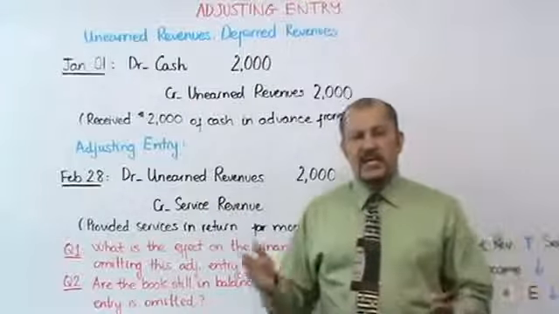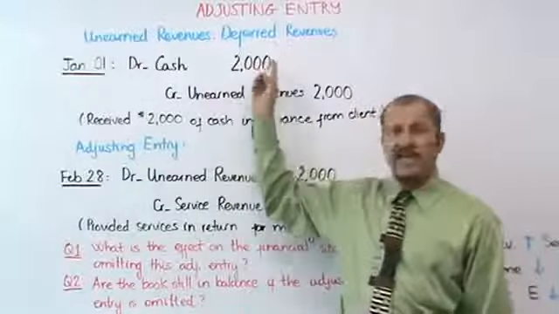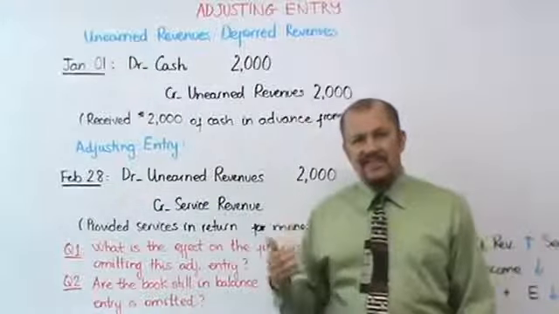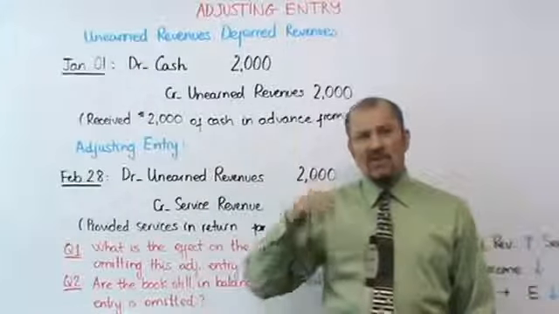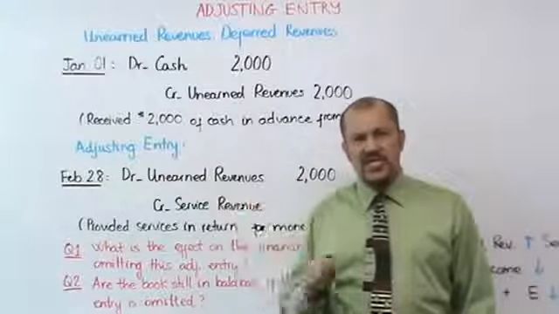Now earlier I had noted up here that unearned revenue is an example of a deferred revenue. Let's try to understand why we call this a deferred revenue. As you may recall from earlier discussions, deferred means postponed to a future date, isn't it?